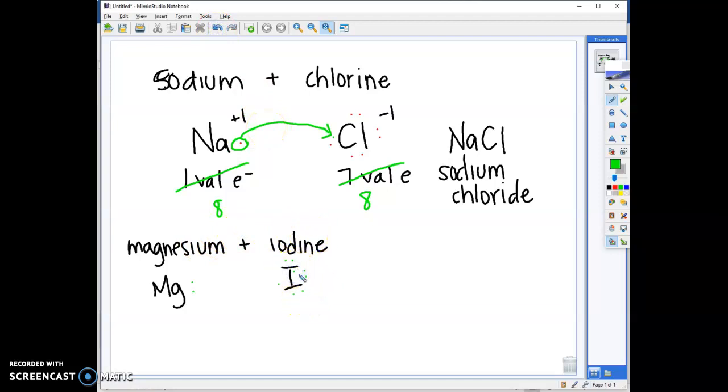Well, iodine can only take 1 more. So iodine can only have 1 more valence electron, but magnesium has to get rid of both of its valence electrons. So what we're going to have to do is add another atom of iodine so that there's room enough for magnesium to get rid of both of its valence electrons.